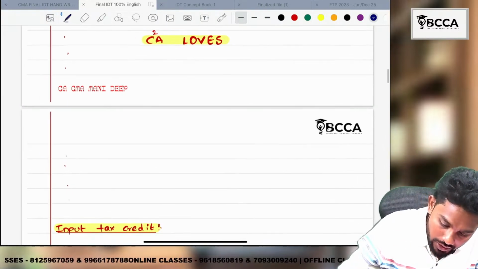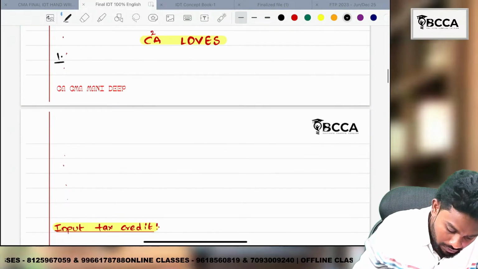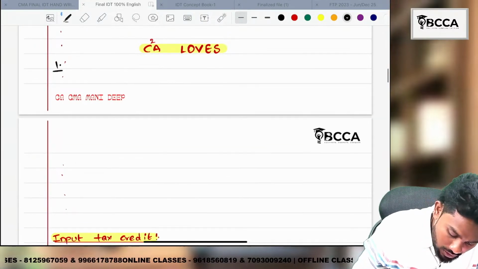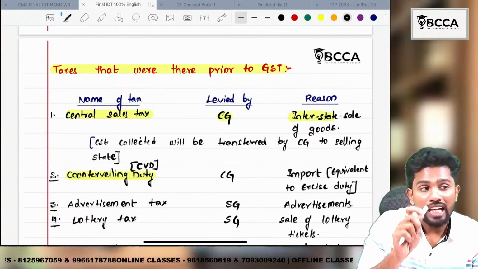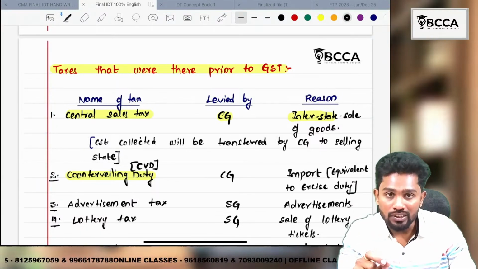So write down, sir, here the first one. Sir, this is where yesterday I clearly said to leave some 6-7 lines for the taxes that were there prior to GST.